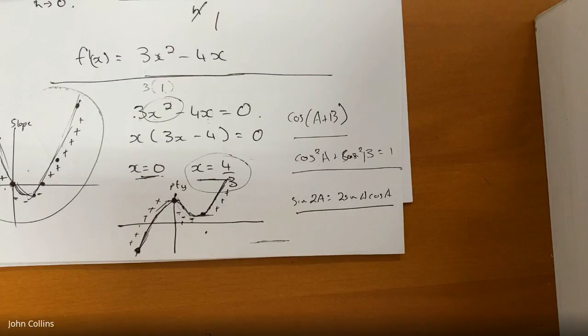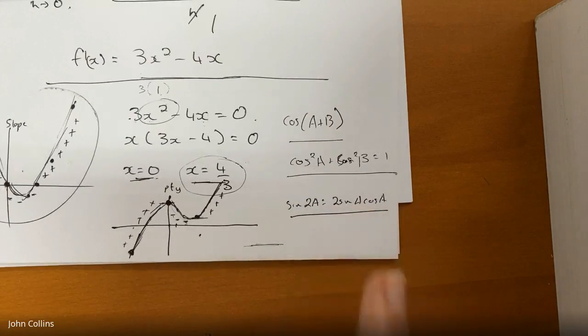So if there's something like that, you can delve into it and try it if you want, but I'm not that interested in those trigonometry proofs where you have to manipulate all these formulas.